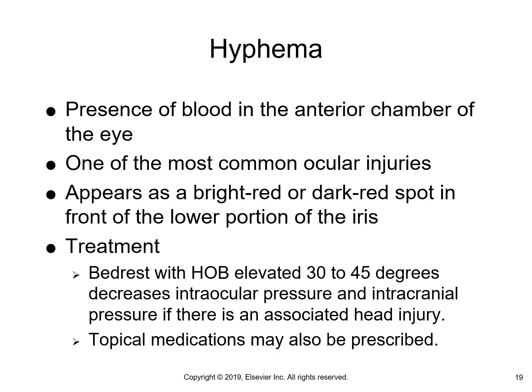Hyphema. Hyphema is actually very common. This is a presence of blood in the anterior chamber of the eye. The most common cause is ocular injuries. However, it could be caused by something else, but the main cause is blunt force or perforating injuries.